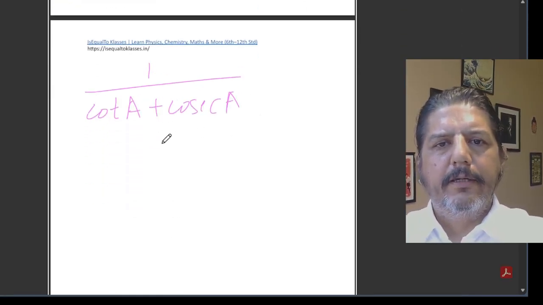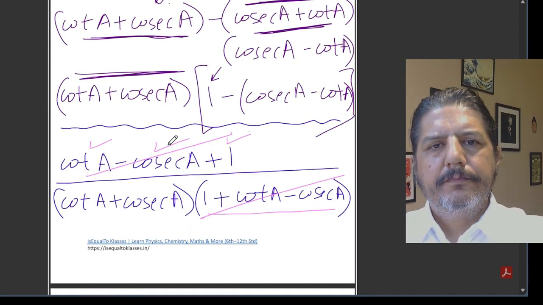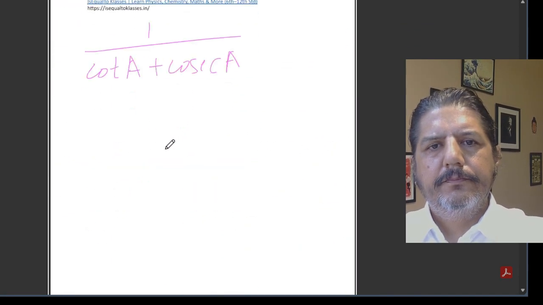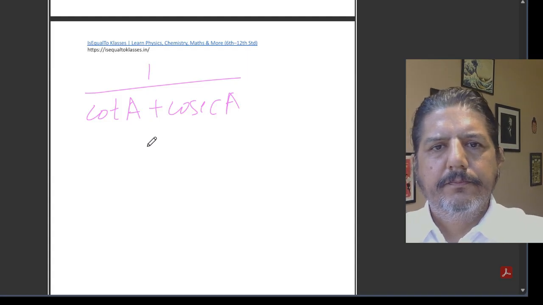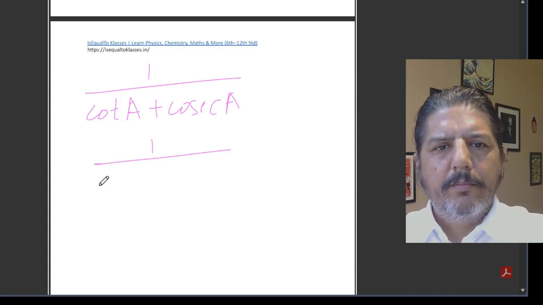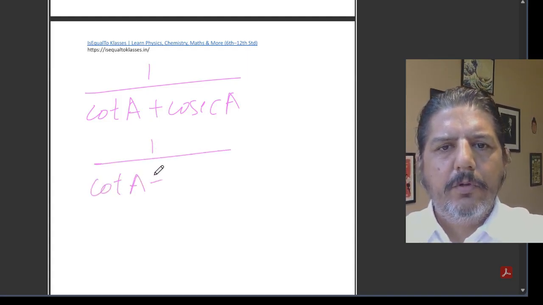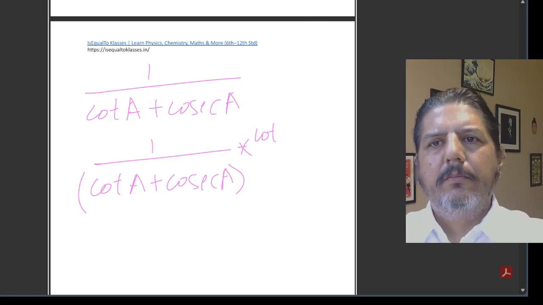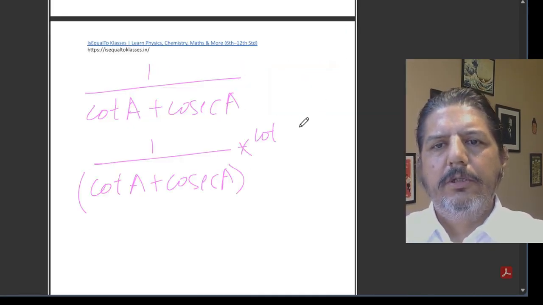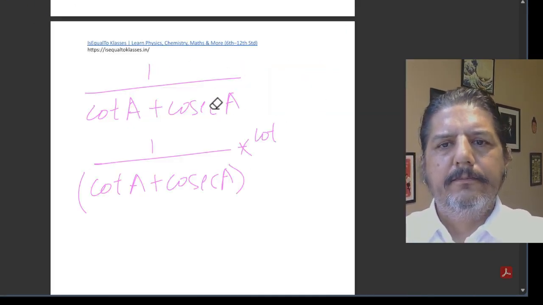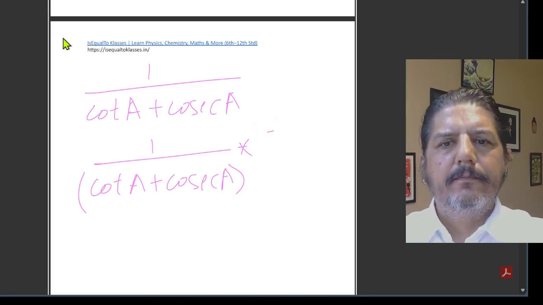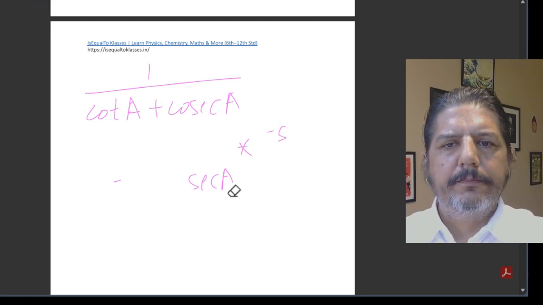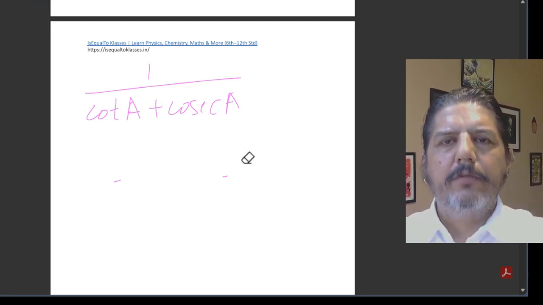So let me write this as 1 upon cot A plus cosec A multiplied by cosec A, otherwise I'll run out of space.